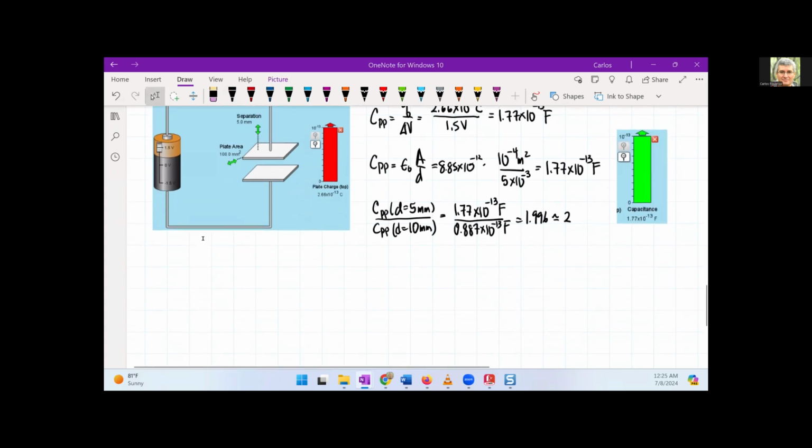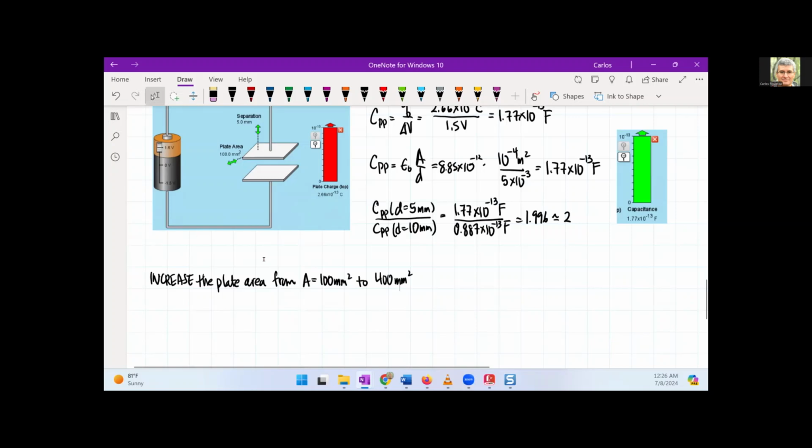So now what we want to do is increase the plate area from A, which is 100 millimeters squared, to 400 millimeters squared.